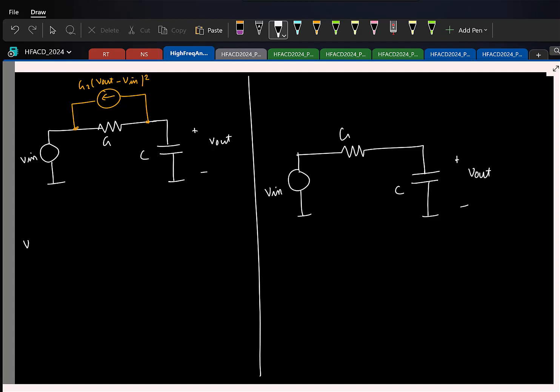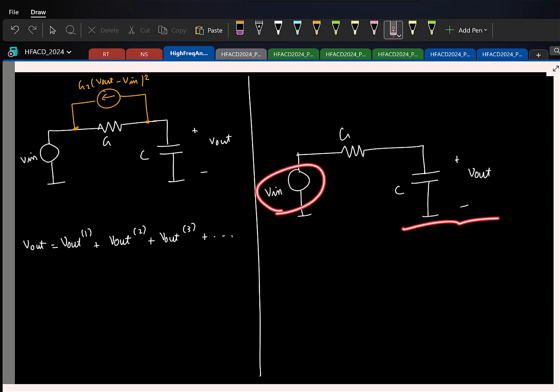But remember that my actual V out comprises a linear portion V out 1, a second order nonlinear portion V out 2, a third order term V out 3, and so on. So if I solve the response due to only the voltage source, I am getting V out, but which of the components do I get from here? The linear term. Is that okay?